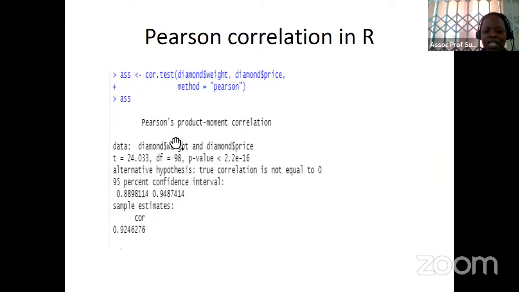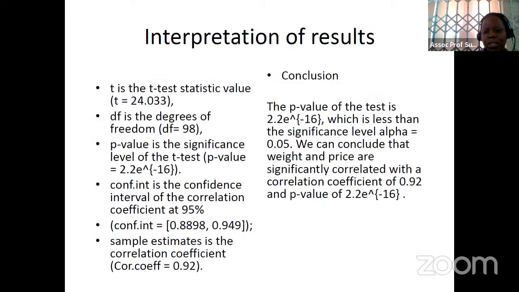It shows the data, we were getting correlation between weight and price. The t-value is 24.033, with 98 degrees of freedom, the p-value, and then it says alternative hypothesis: true correlation is not equal to 0. It also gives you the confidence interval for the correlation value and the correlation value itself, which is 0.9246. So that's what we'll get in R.